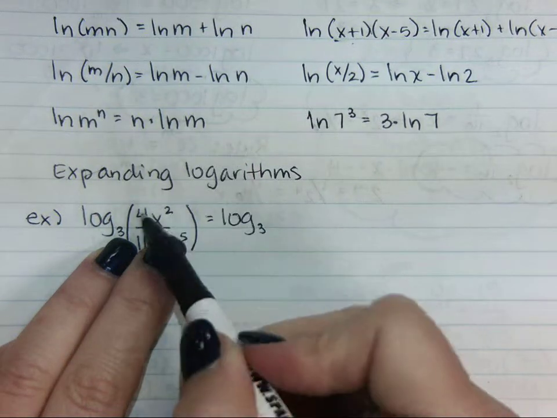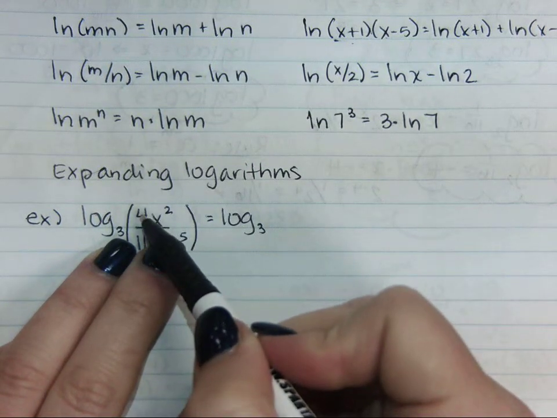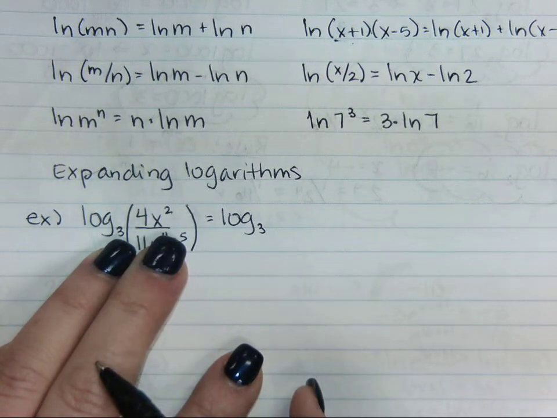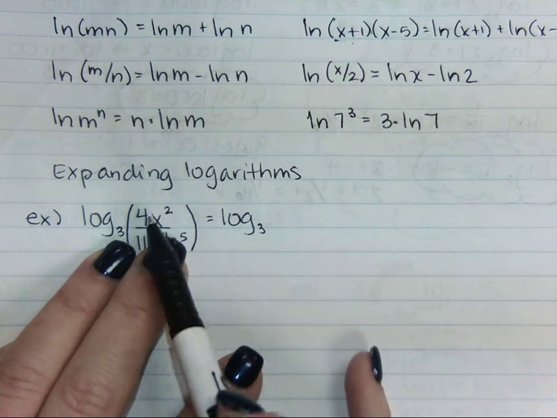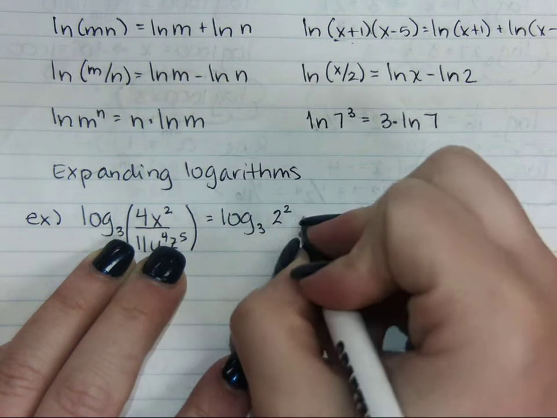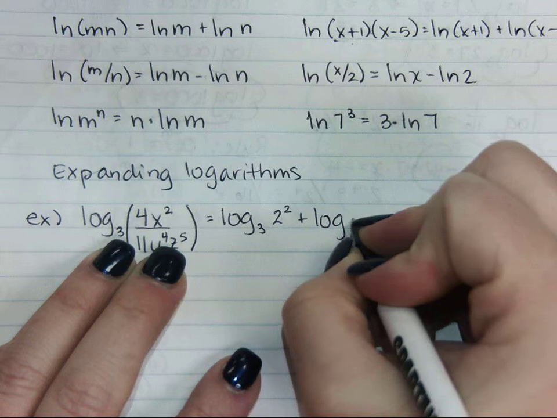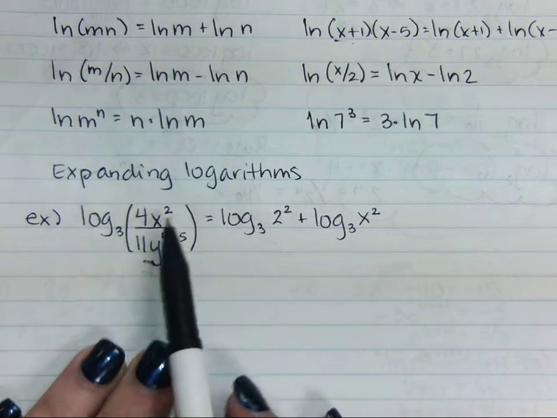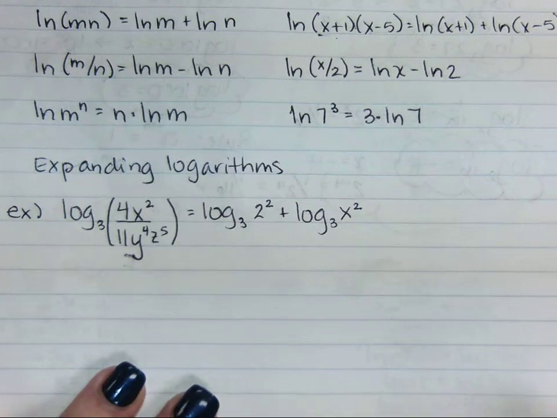And now 4 is not a simplified number. We want to always think about, could I rewrite that number as a base to a power? So if you have the number 4, you need to rewrite that as 2 squared plus the log base 3 of x squared. And again, that takes care of the two factors in the numerator.